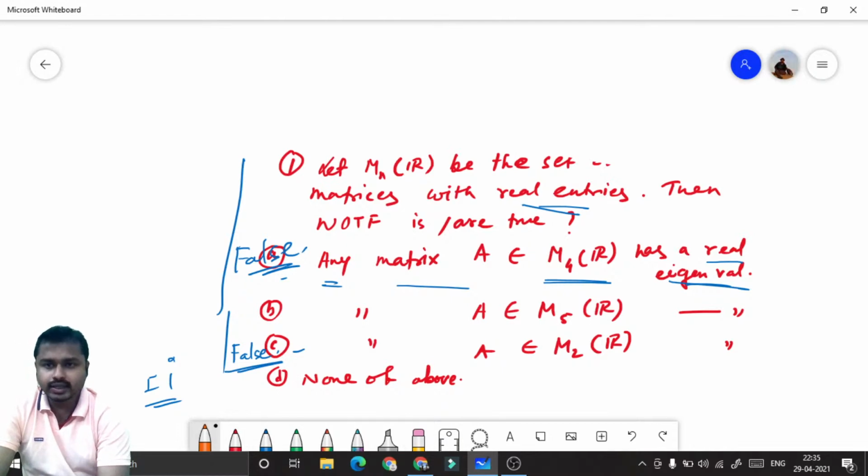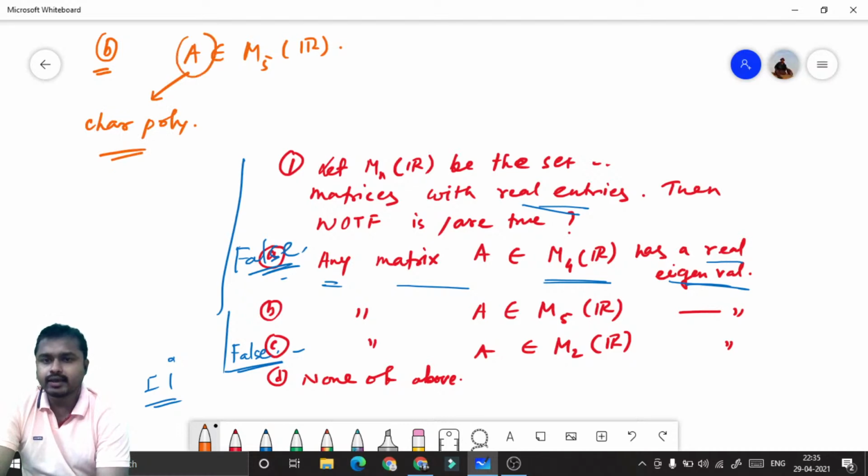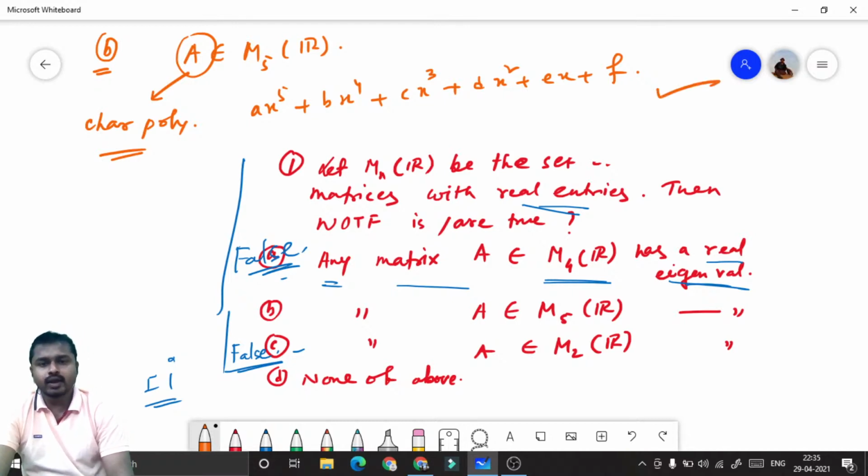For option B, if you consider a matrix A from M5(R), then the characteristic polynomial of this matrix A will be of this form: a x to the power 5 plus b x to the power 4 plus c x to the power 3 plus d x square plus e x plus f, something like this. Look at this characteristic polynomial.